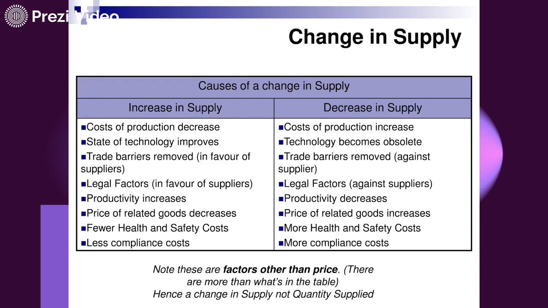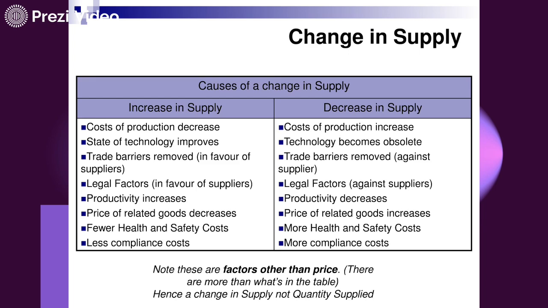If my strawberries went down in price, I'm making less money from them. My profit is going to decrease. So I'm not making as much profit from my strawberries. So I'm going to increase my supply of other berries because that's going to be more profitable.